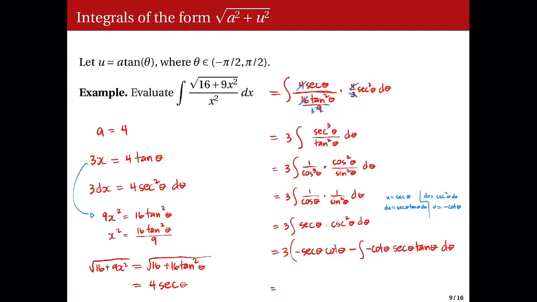So we'll just have 3 times negative secant theta cotangent theta plus integral of secant theta d theta, because the cotangent here will cancel the tangent there.